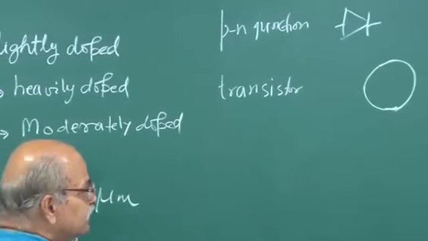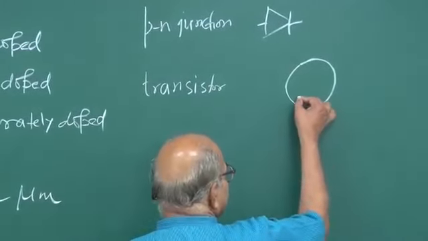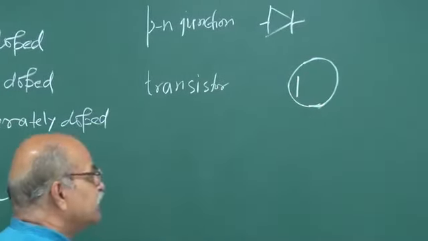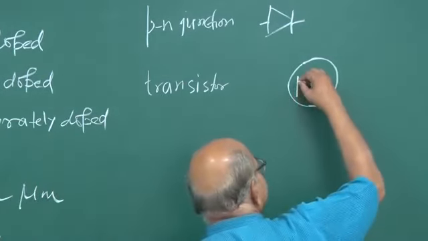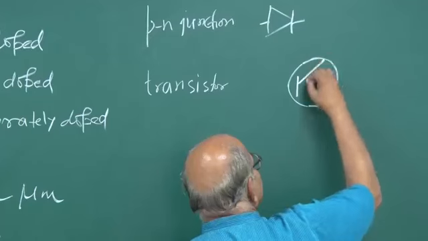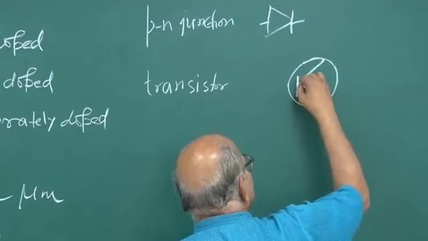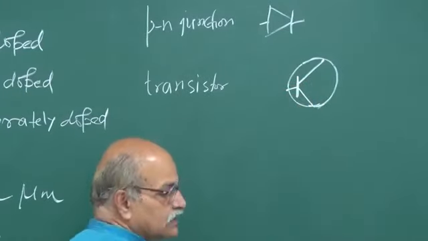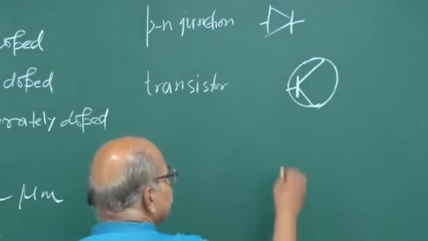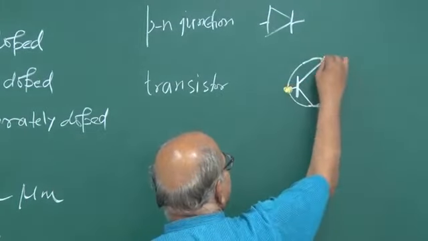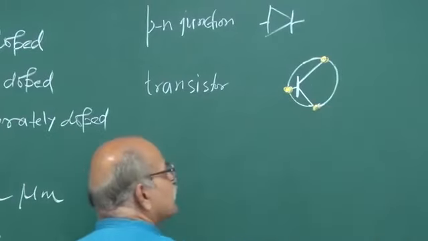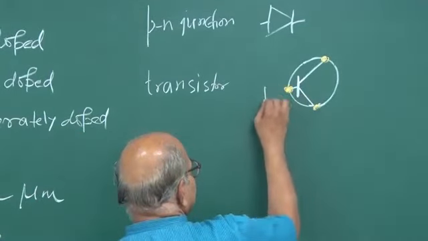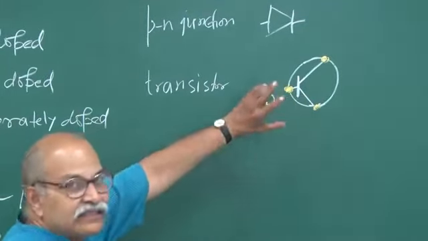Let's draw a baseline. Suppose this is the base. So this line is the base, and then 2 slanted lines, one like this, another like this. This is the symbol of this transistor, and these are the connections from where it has to be added to the external circuit. This one is the base, and one of these is the emitter, another is the collector.